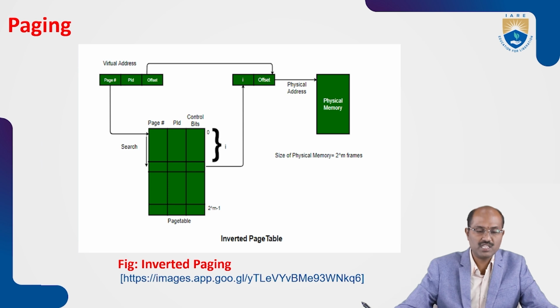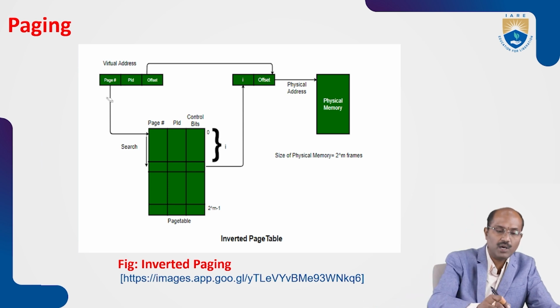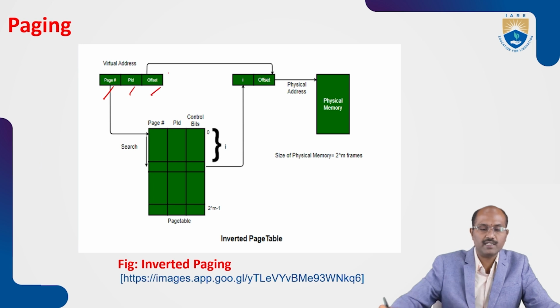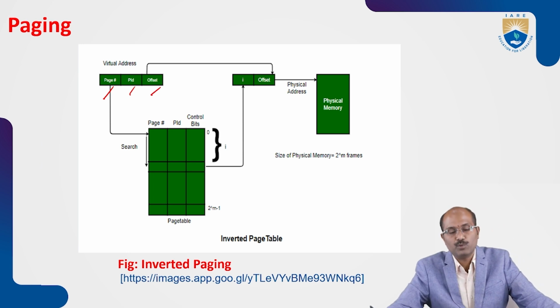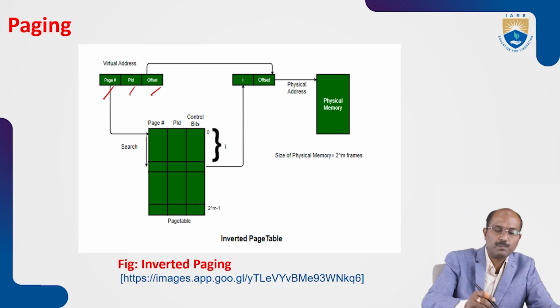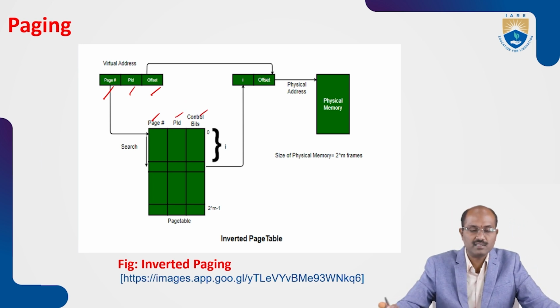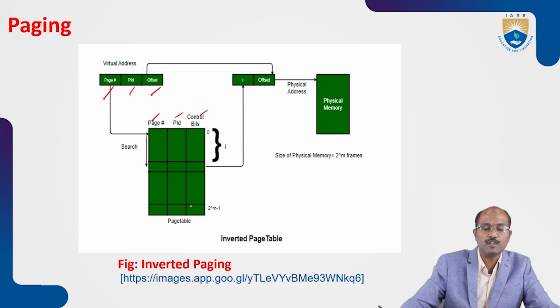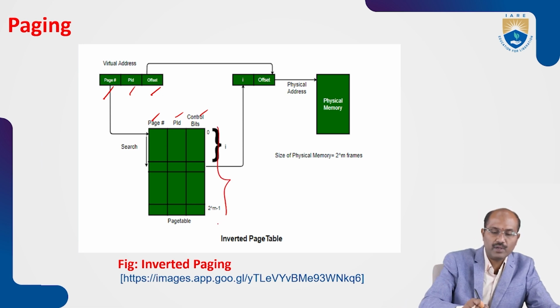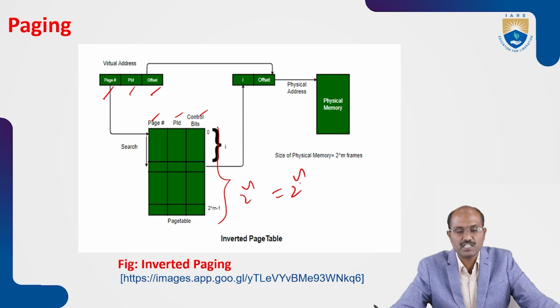This inverted page table takes page number, process ID and offset, which is mapped to the page table. That page table has page number, process ID and control bits. It searches for the page number for every entry in the page table. The page size is 2 power n and the frame size is also 2 power n. That should be matched in the page table.